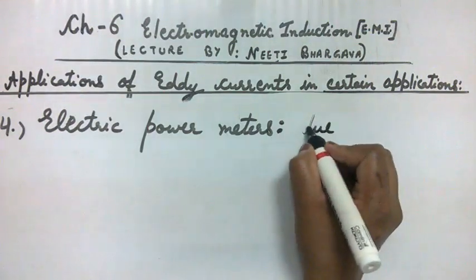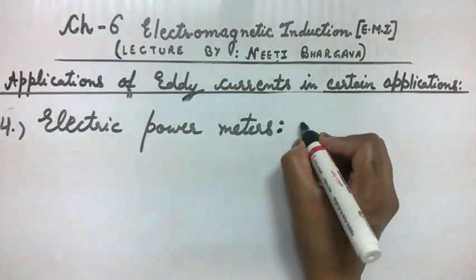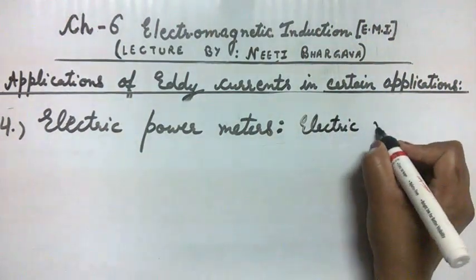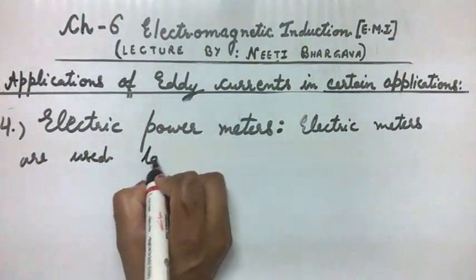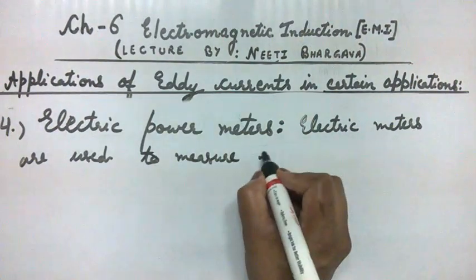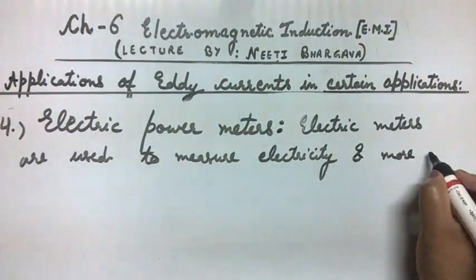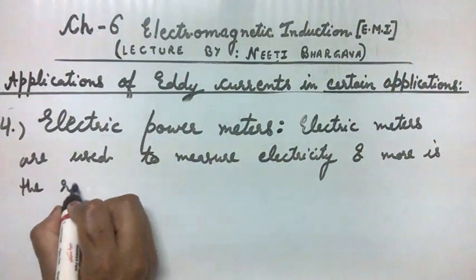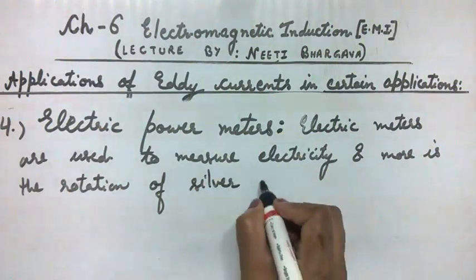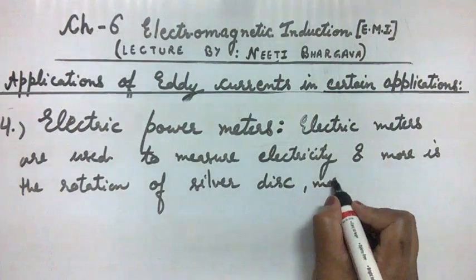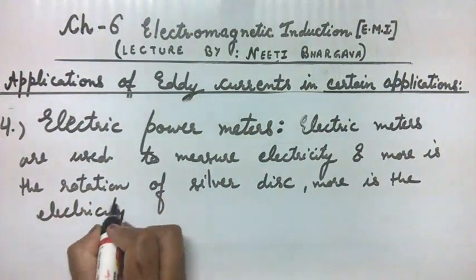We can write, electric meters are used to measure electricity, and the more the rotation of the silver disc, the more electricity consumed by us.